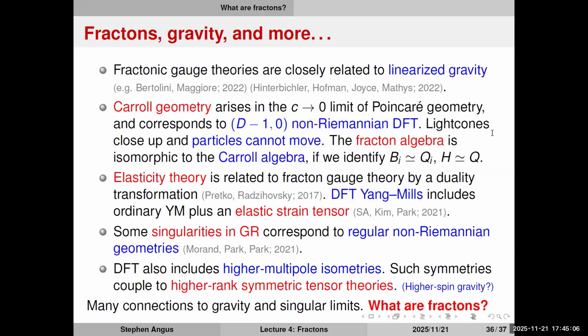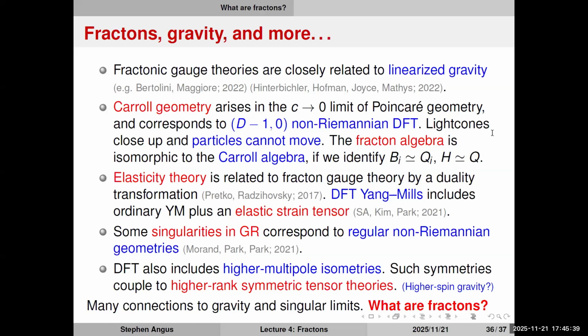So this is very suggestive that Carroll geometry is something like an infinite multipole fracton situation. On top of that, the fracton algebra is actually isomorphic to the Carroll algebra if we identify the Carroll boosts with dipole symmetries, but this is just at the level of the algebra. And we identify the U(1) charge as the Hamiltonian. So there seems to be some non-trivial correspondence there.